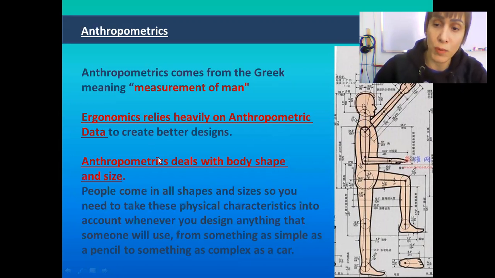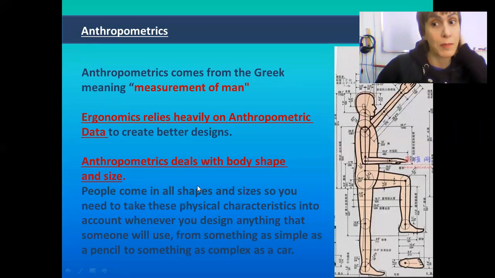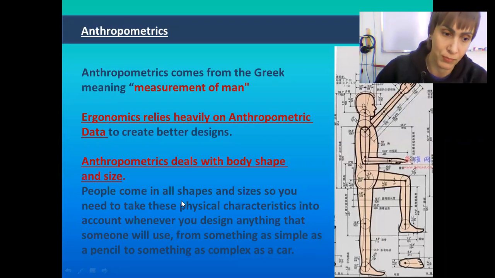So, anthropometrics deals with what? With body shape and size. Of course, because you will have different measurements. If your size changes and the shape changes, the measurements will change.